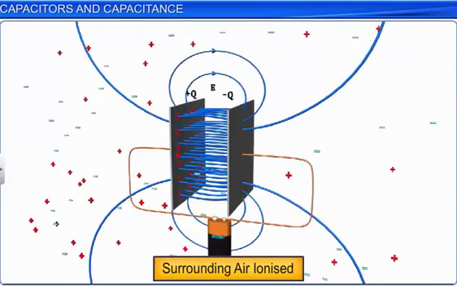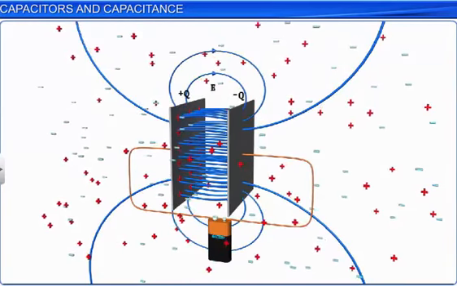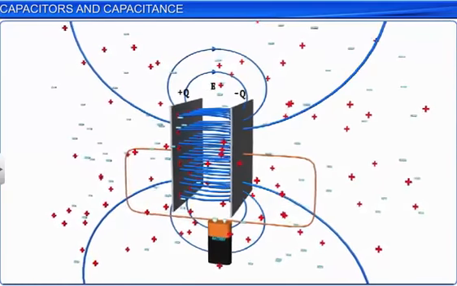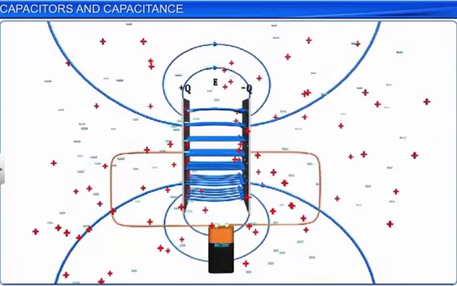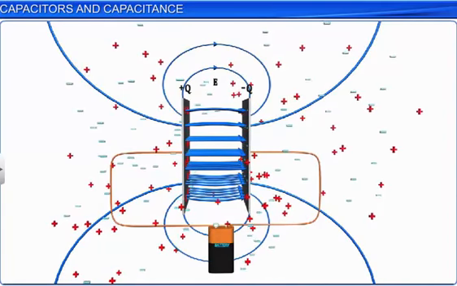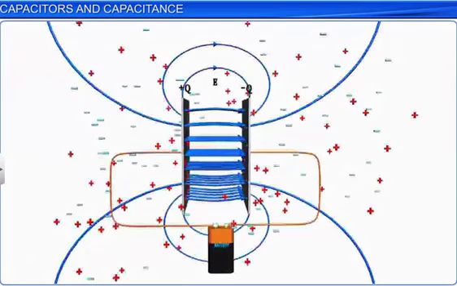The charges so produced due to ionization accelerate towards the oppositely charged plates of the capacitor and neutralize the charges on the plates, at least partly. Hence, we can say that the charge on the plates of the capacitor has leaked away due to the reduced insulating power of the intervening dielectric medium.